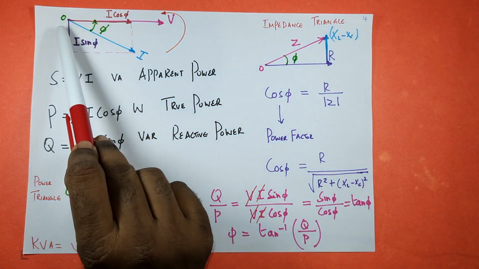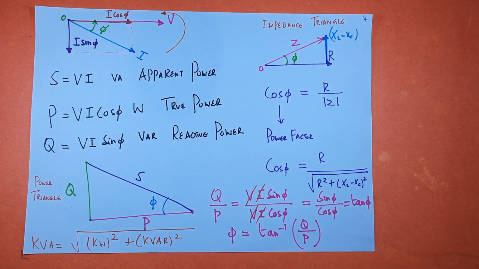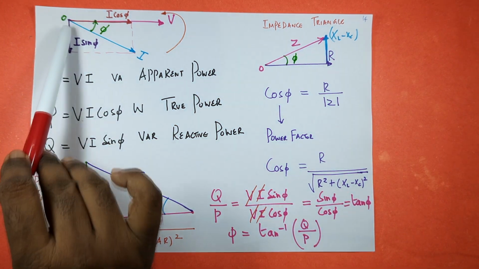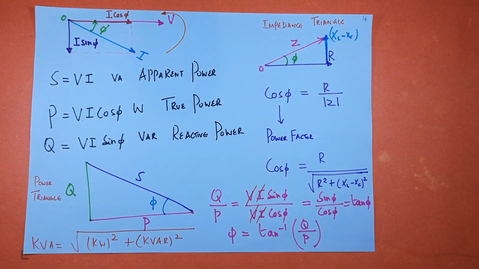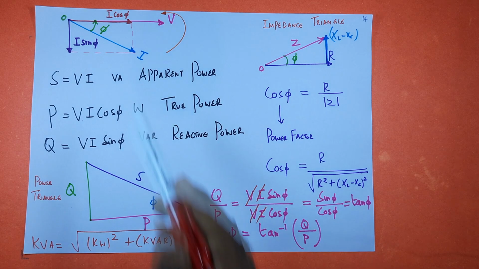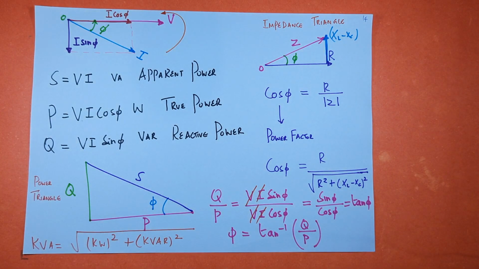Say this is V, your voltage phasor. Say this is a current phasor. The phase angle may be phi. So you can see this current I lagging the voltage by an angle of phi.